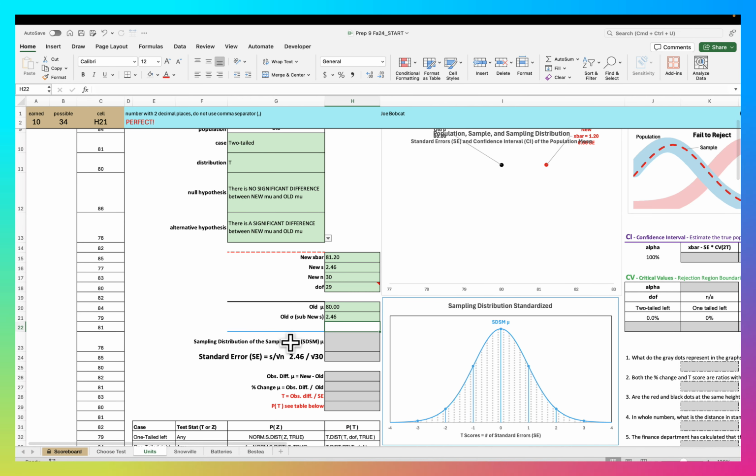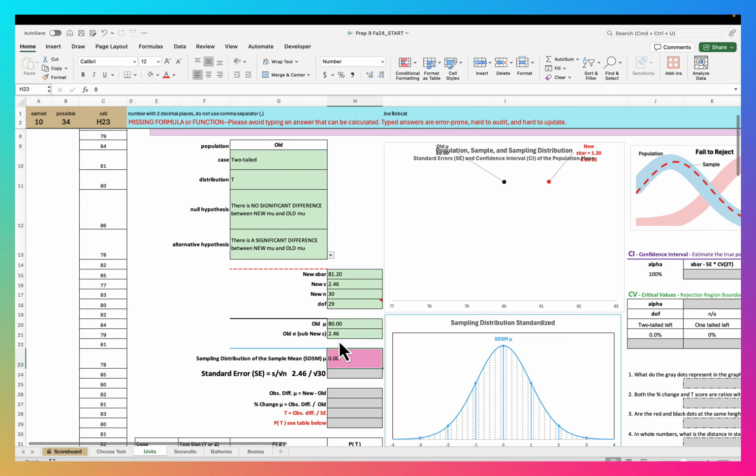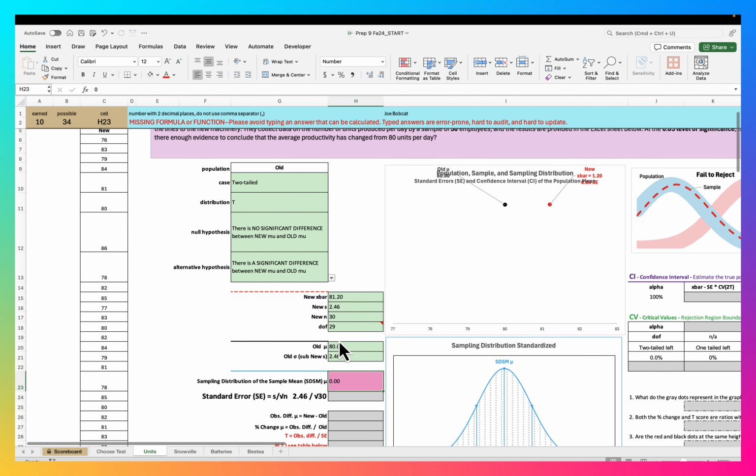All right, the sampling distribution of the sample mean, what's its mean? It's always the same as the population mean, so it's going to be equal to the population mean. There we go.